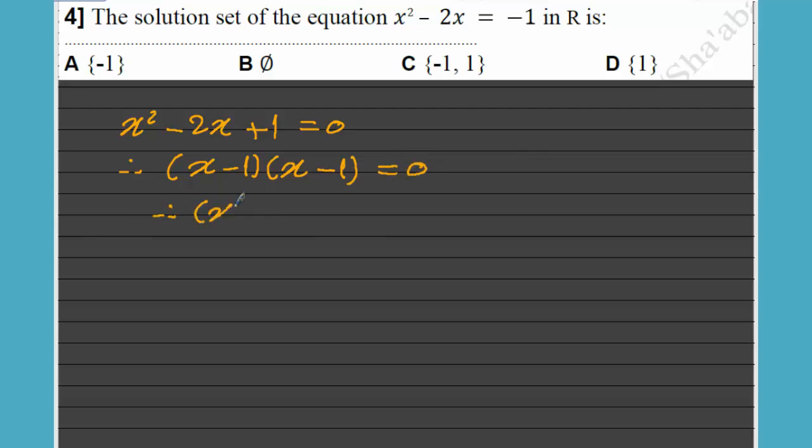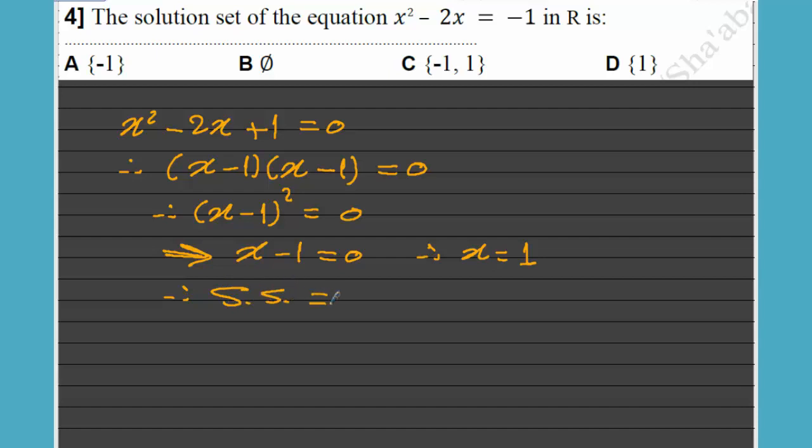So x minus 1 all power 2 equals 0. It means x minus 1 equals 0. So x equals 1, and the solution set equals 1. So the solution is letter D.